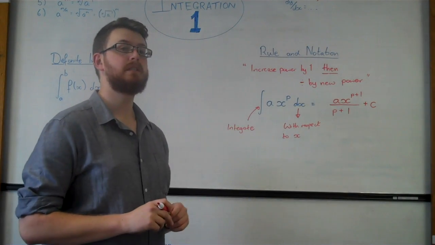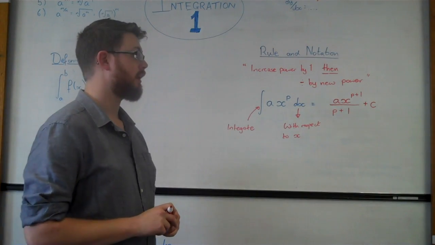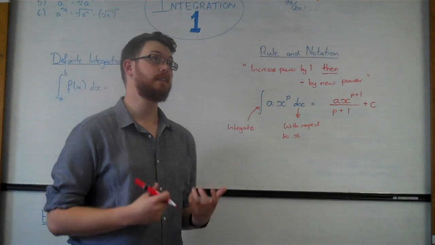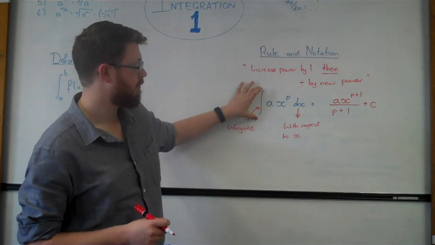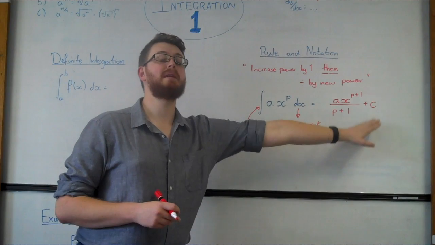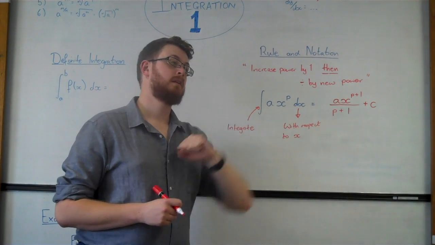So it comes up a little bit in core 1 and core 2, and in a big way in core 4, in the upper 6. But for now, you just need to know that if you don't have numbers here, the plus c has to be there on the end. It's incredibly important.